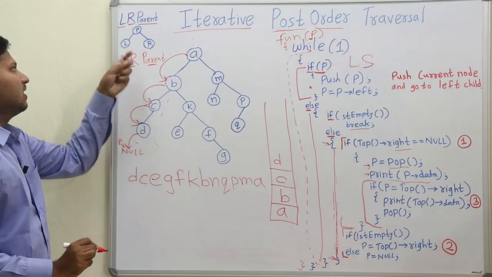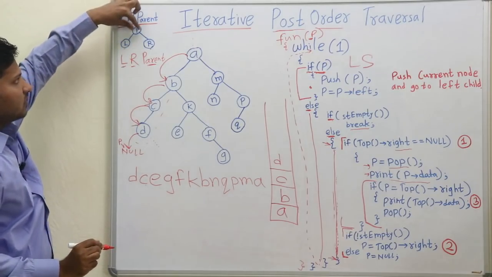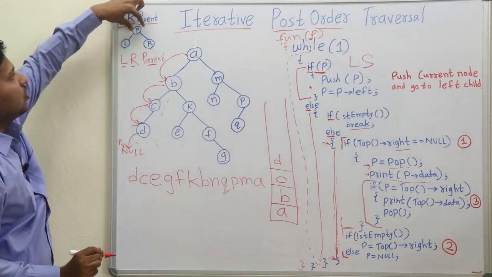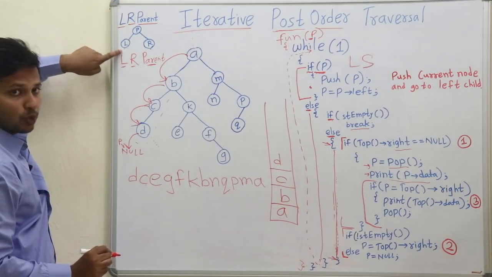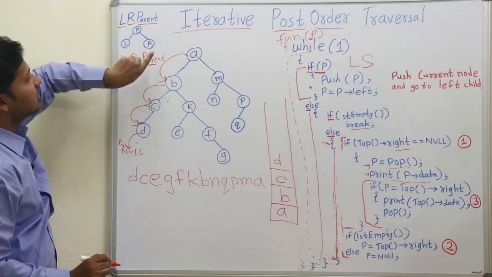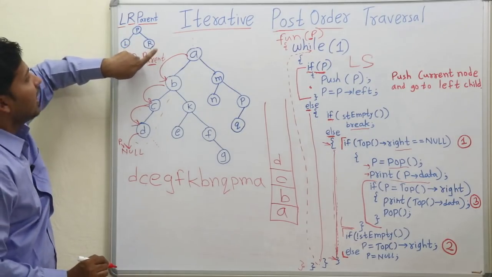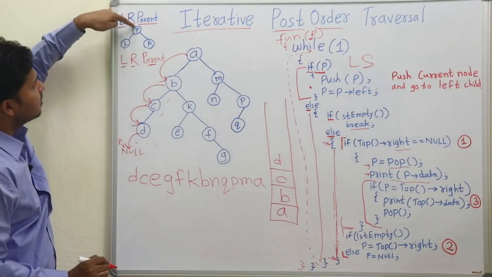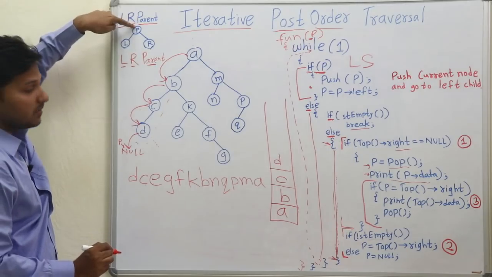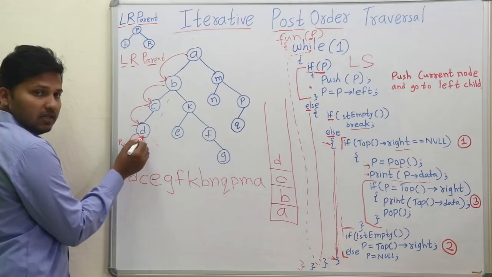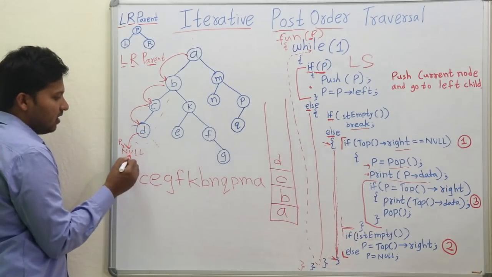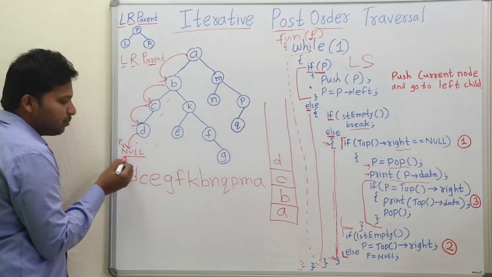So for post order traversal, for a root or a parent, first the left child is processed, then the right child is processed, and then at last the parent is processed.